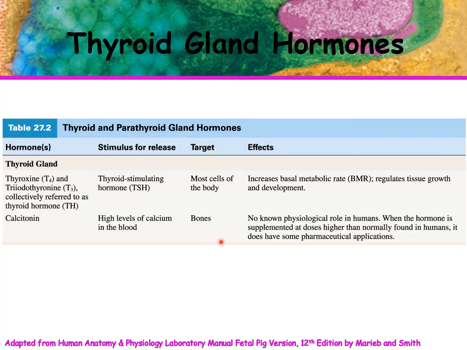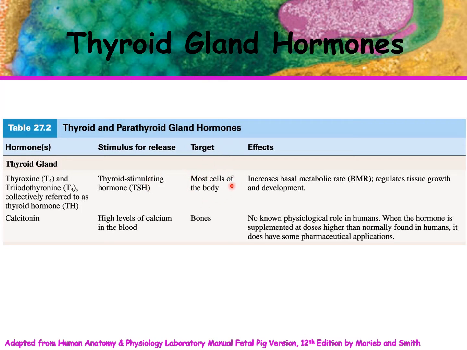This table gives us a good overview of the thyroid hormones, their target cells, stimulus for release, and the effect that they have on their targets. So T4 thyroxine and T3 triiodothyronine are stimulated to be released by thyroid stimulating hormone, which is produced by the anterior pituitary.